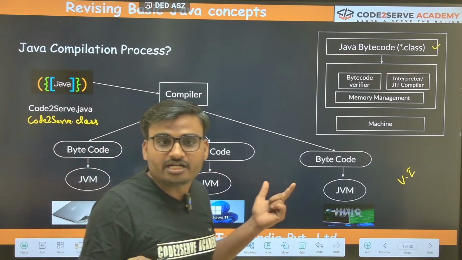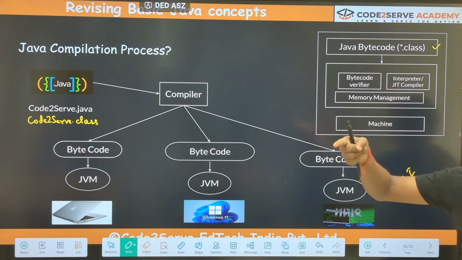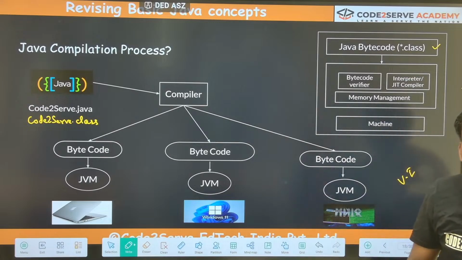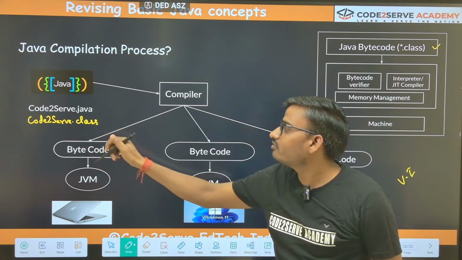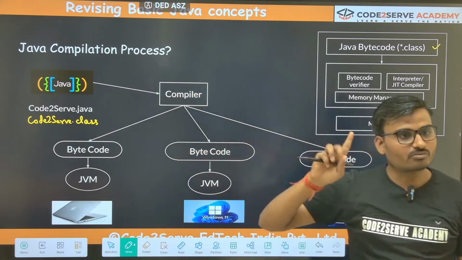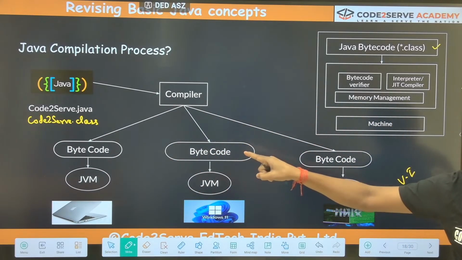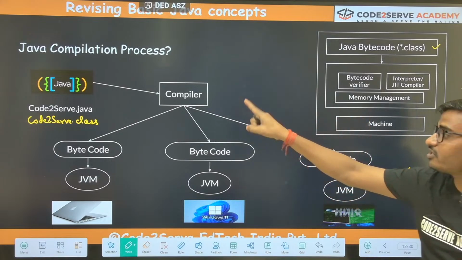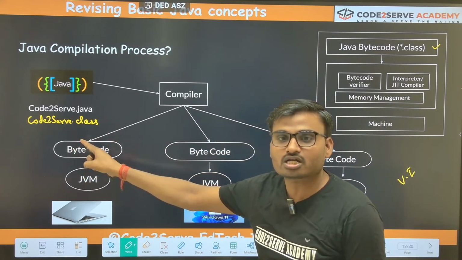This file will be created each time you click on compile in BlueJ or any online compiler. Another file will be created with the extension .class. So you wrote a file with the .java extension, and whenever you clicked compile, a new file got created with the extension .class.